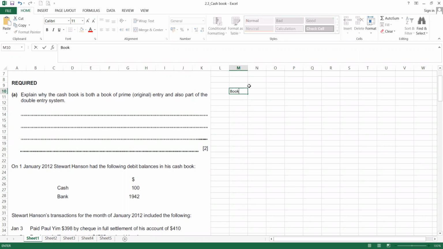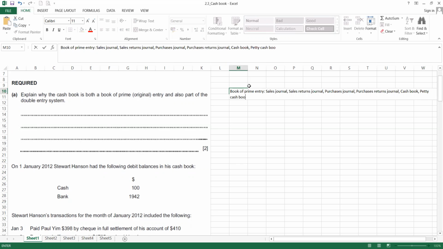Books of prime entry, you have 7 books, which are the sales journal, sales return journal, purchases journal, purchases return journal, cash book, petty cash book, plus the general journal.